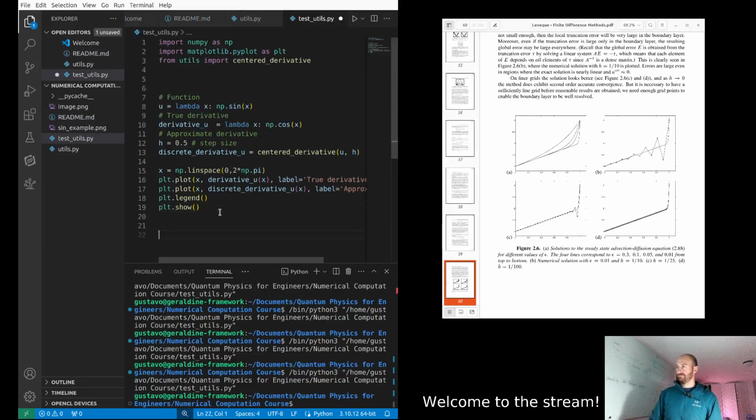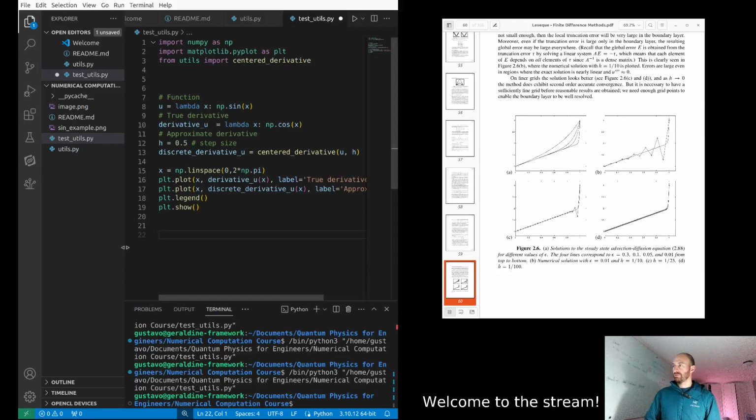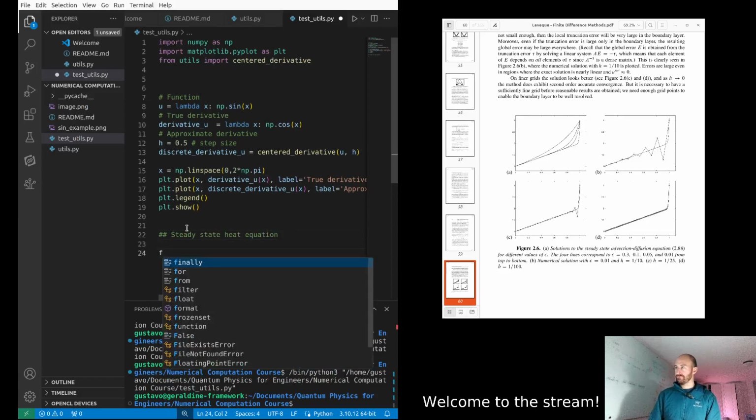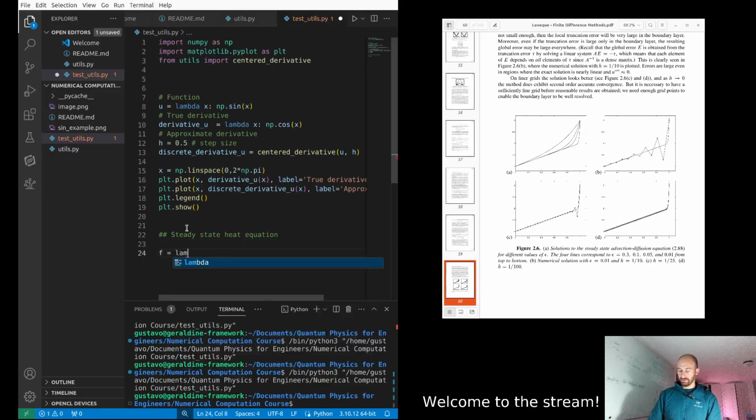How about we test the second part where we solve the steady state heat equation, and our forcing function f is going to be lambda x. What could it be? Maybe let's say a forcing function is x squared. I don't know how that would look. And then we're going to have a step.